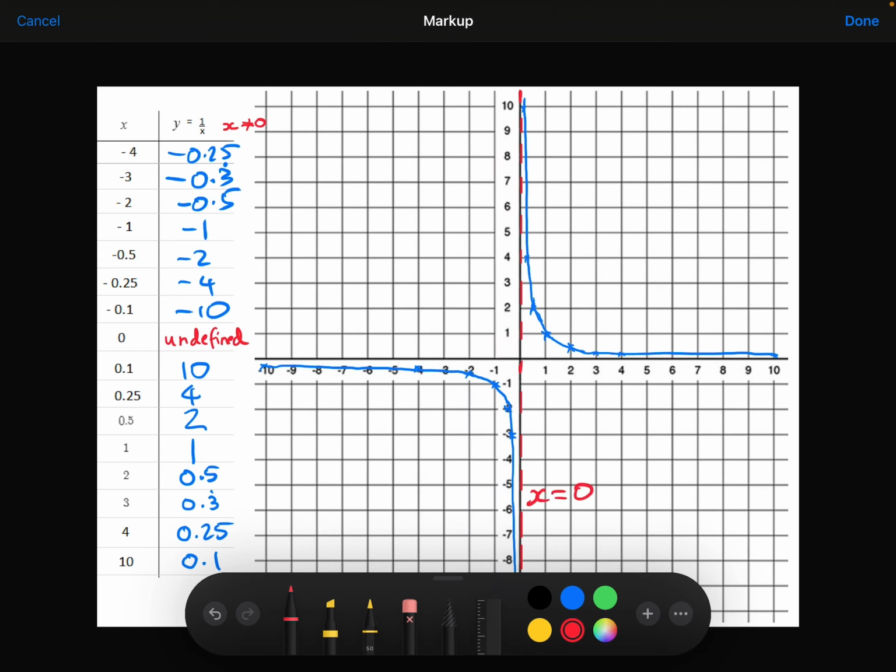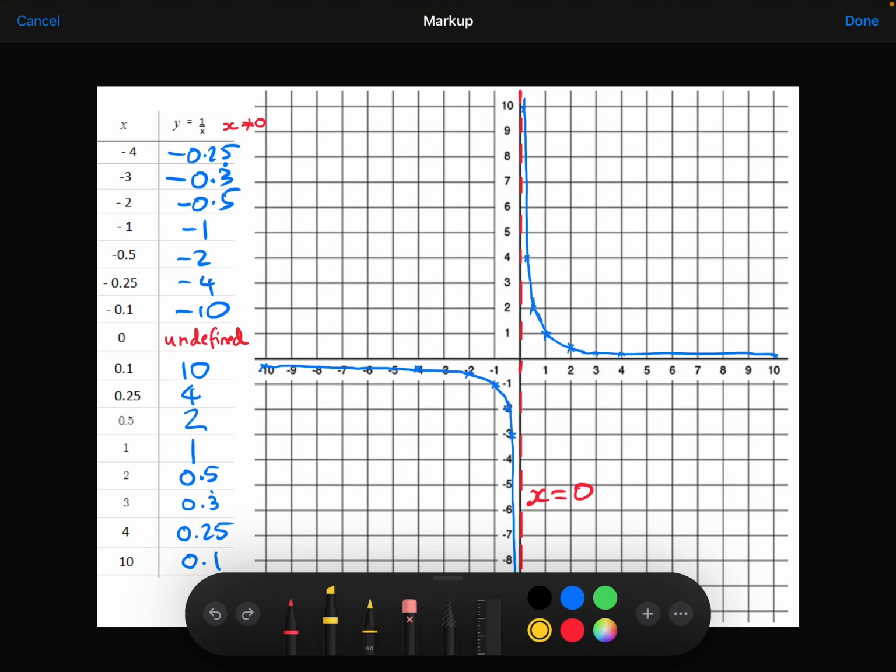The equation of that line is x equals 0. An asymptote is a straight line that the curve gets closer and closer towards, but never actually touches or crosses. So you can see that the blue line here gets closer and closer to the asymptote, but never touches it. The same in the negative direction, it gets closer and closer to the asymptote, but doesn't touch it.